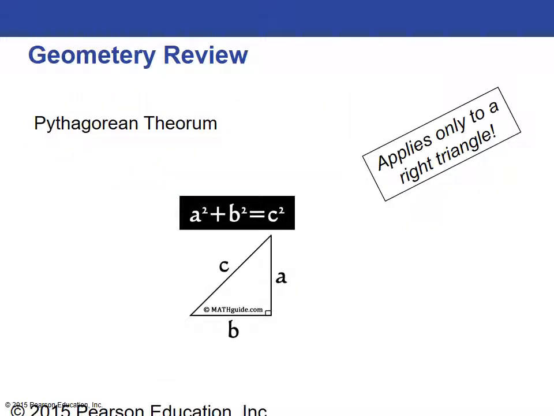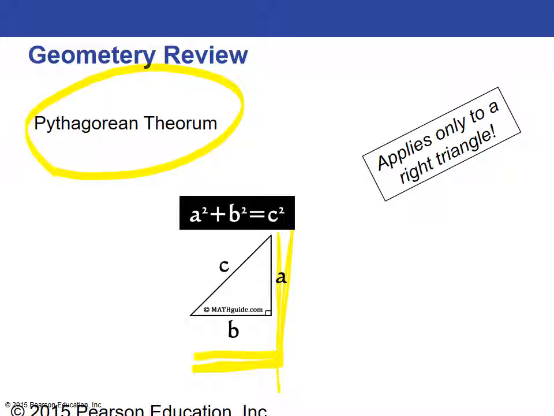Now, when we are no longer linear, when we've got vectors going in at least 2 different directions, the easiest case then is when there is a right angle involved. And when there's a right angle, you can use your Pythagorean theorem.